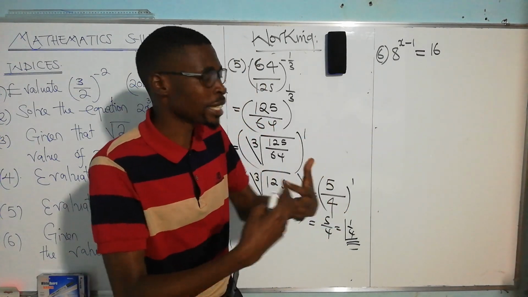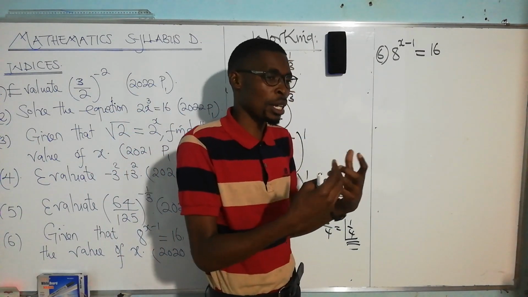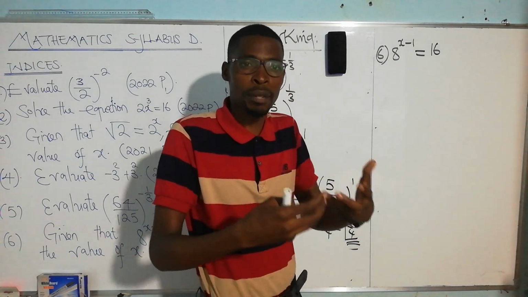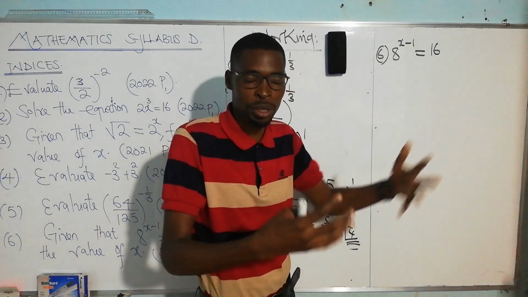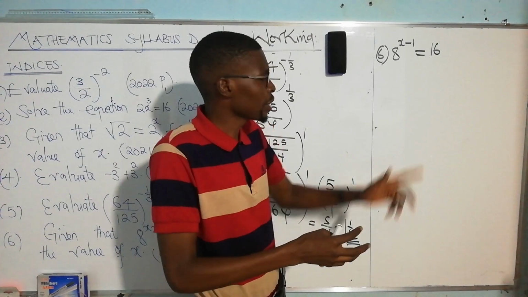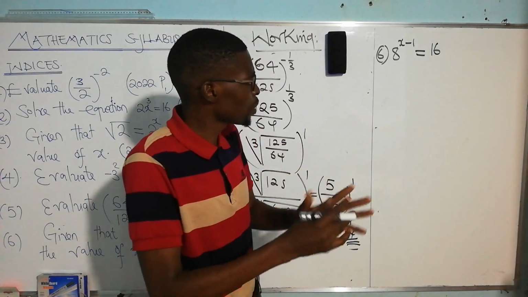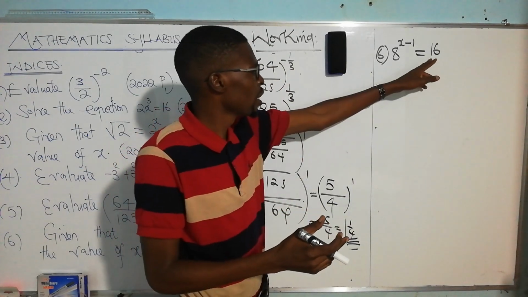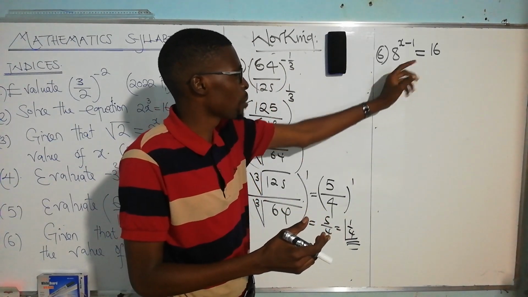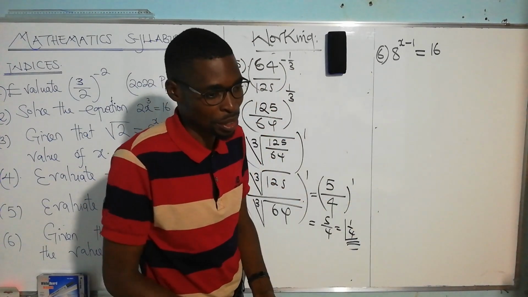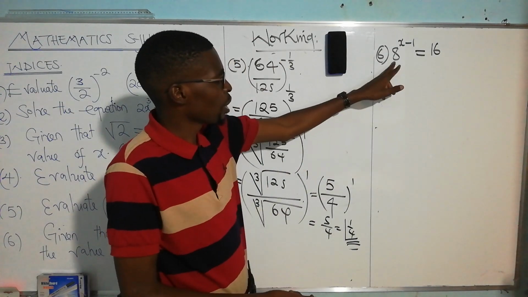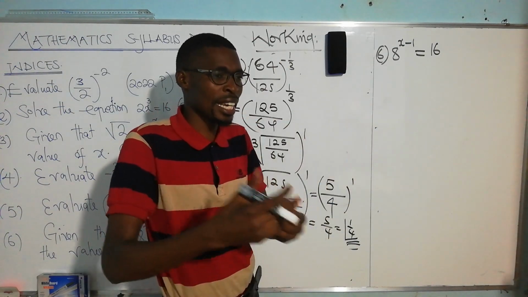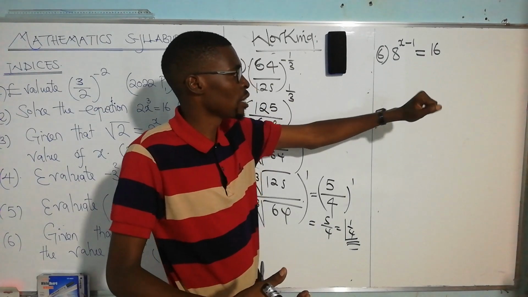So how can we express 8 to a base that we are able to express 16 also? Alright. So 16, let's look for the common base. It is very easy for us to think that we can write 16 as a number to base 8, which is not true, because you cannot multiply 8 any times to get 16.